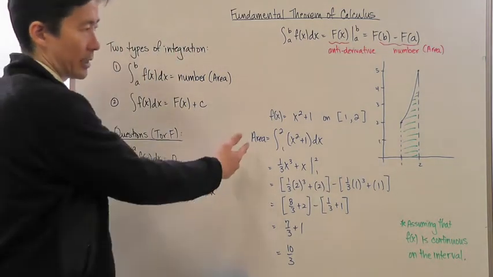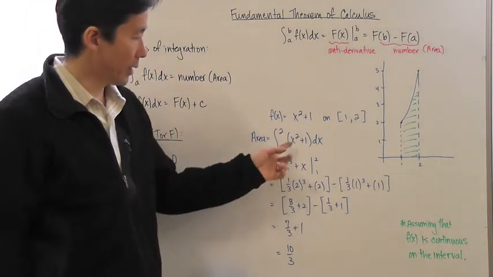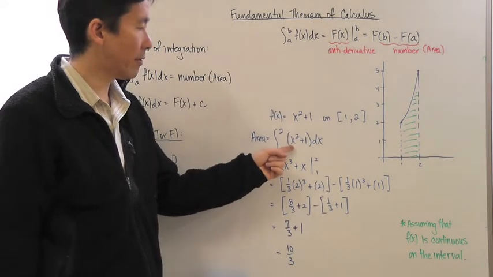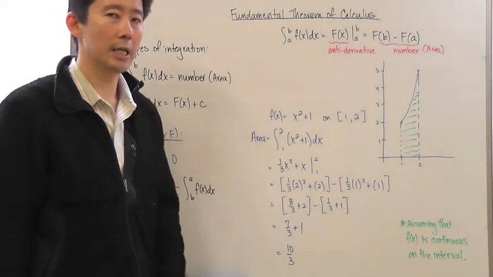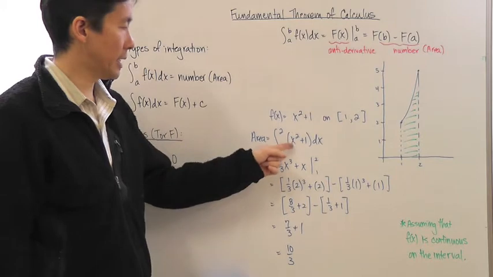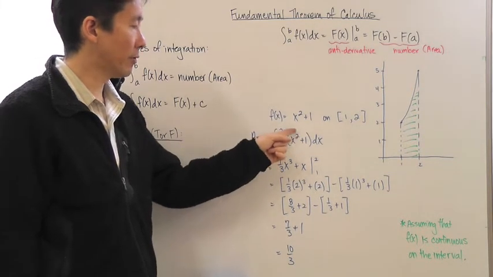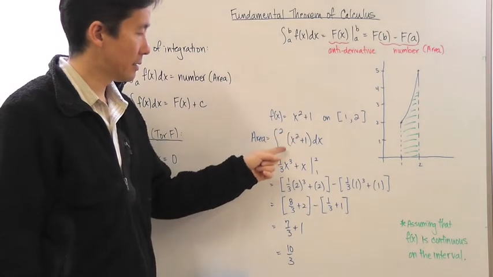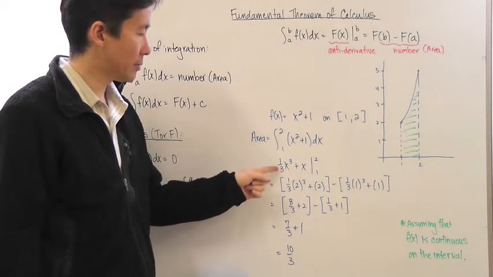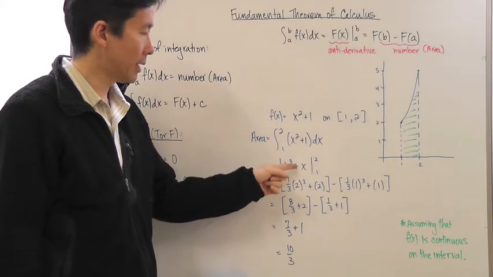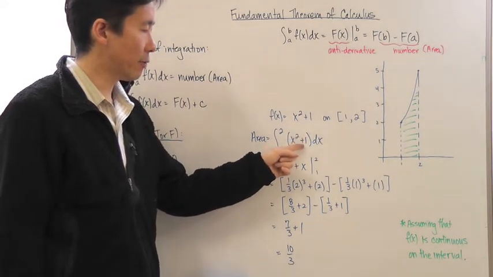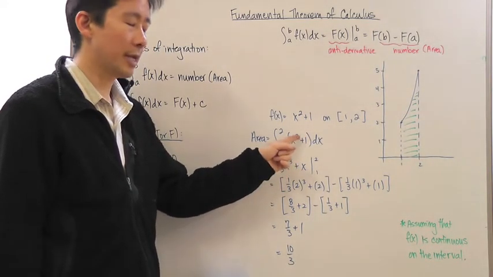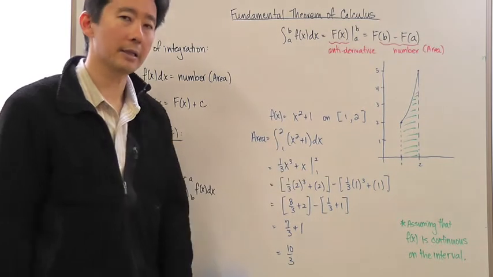So let's take a look at how we do this. Let's take the antiderivative of x squared plus 1. I'm going to use the antiderivative rule for the power rule: I add 1 to the exponent and multiply by the reciprocal, so that's 1/3 x to the third, plus, and this is just the value of 1, so the antiderivative of that would just be x.